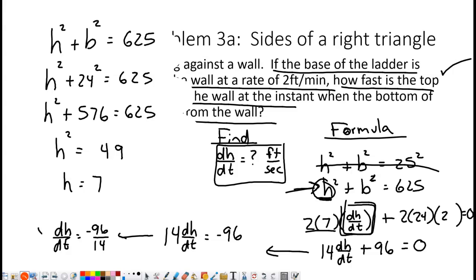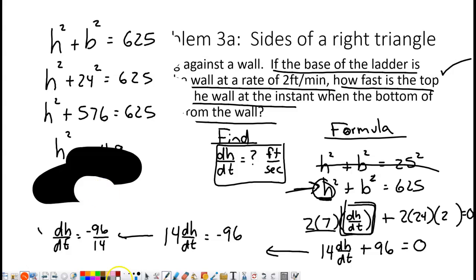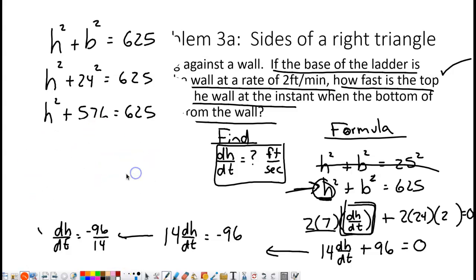I think I'll just write it as a reduced fraction, actually. Let me make some more writing space for myself here. So dh/dt, if I reduce that fraction, is going to be negative 48/7. If you want to write it as a decimal, you can.